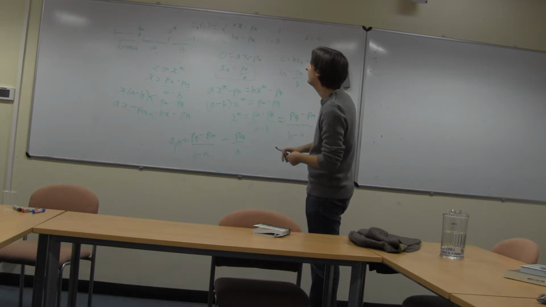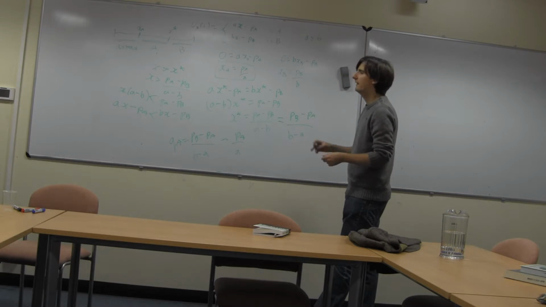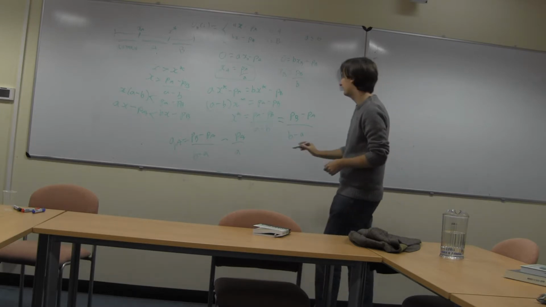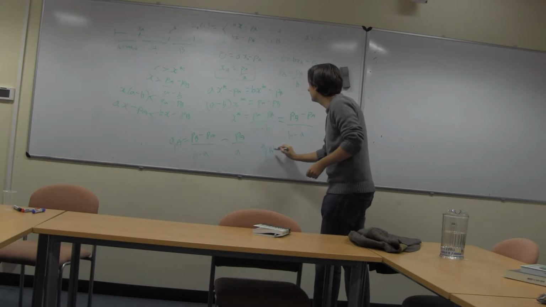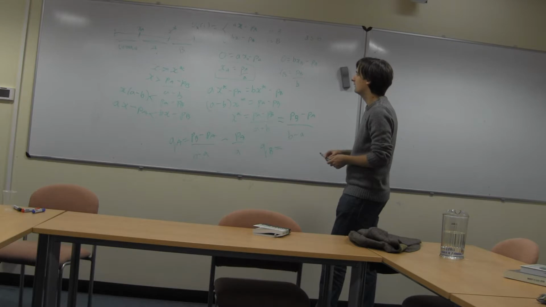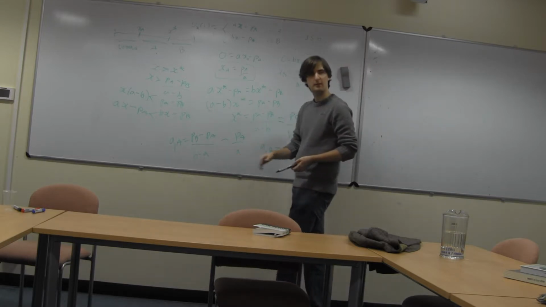Yeah, let's leave it like that. And then who's going to buy from firm B? How many consumers are going to buy from firm B? 1 minus that expression. This expression? Yeah.